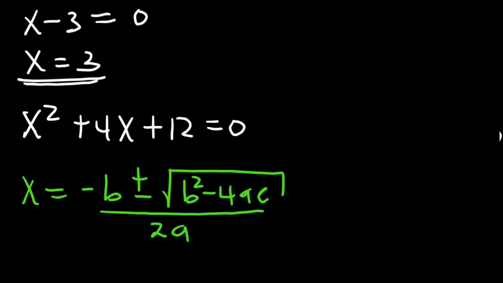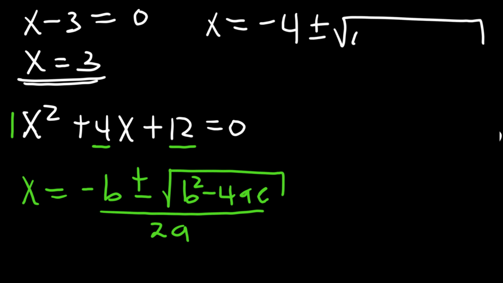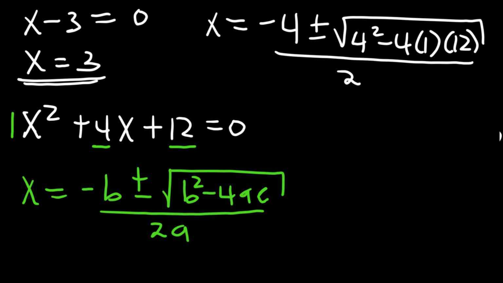In this case, a will be 1, b will be 4, and then c will be 12. Therefore, we shall have x equaling negative 4 plus or minus the square root of 4 to the power of 2 minus 4 times 1 and then times 12, and this will be divided by 2 times 1.